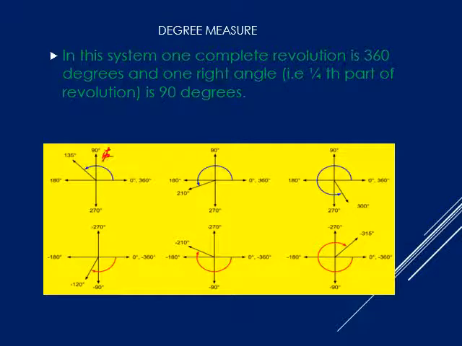This is 630, this is 720, like that. Now, here 210, here 300, like that. All these are measures of angle. Okay. Now, this is a negative angle. Here you see minus 90. In this way you calculate minus 90, then minus 180, minus 270, minus 360, like that it will go.